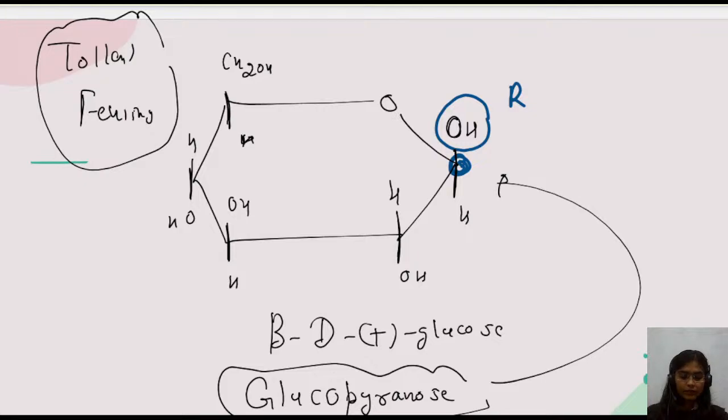Actually, I guess we have not covered the stereochemistry, right? Anyone, how do we justify that Tollens and Fehling tests are positive if the CHO is actually not present here? Do you know the reason why they still give the Tollens and Fehling test positive? Come on, everything is connected with the previous class.